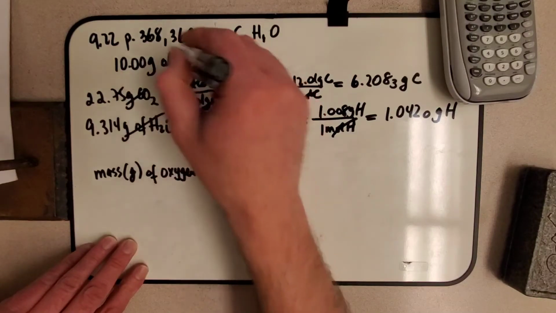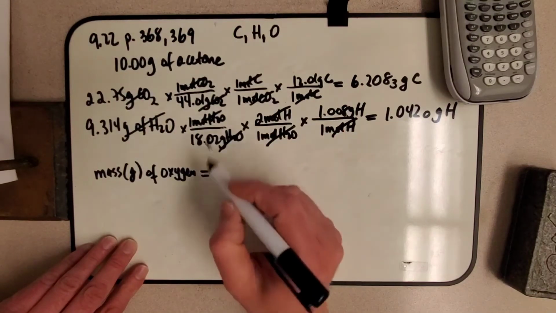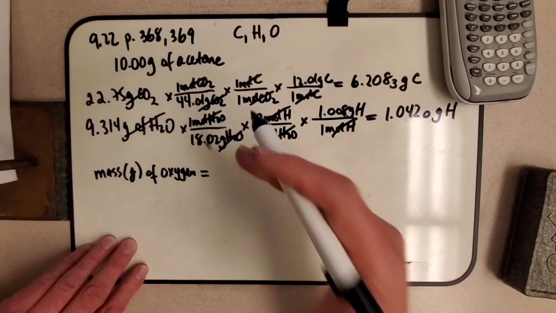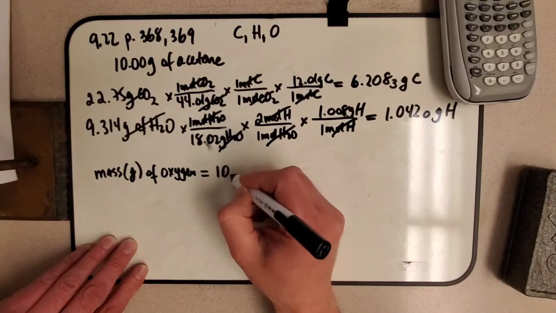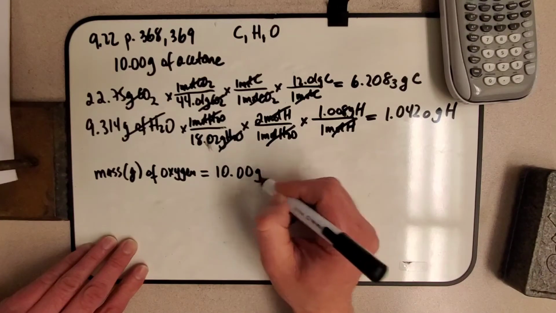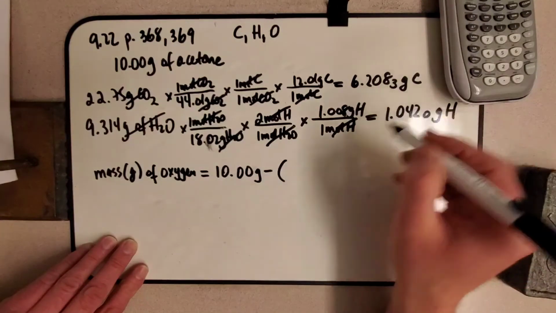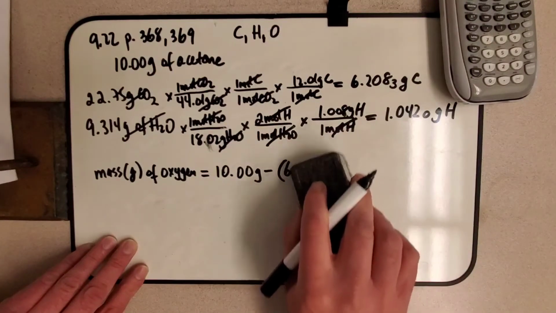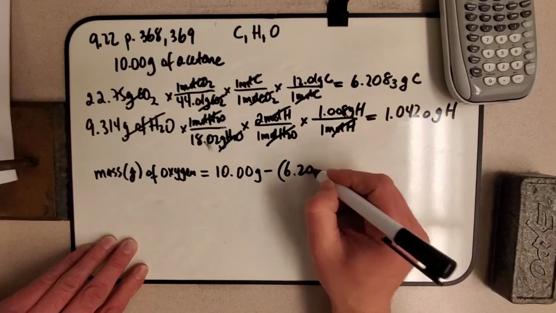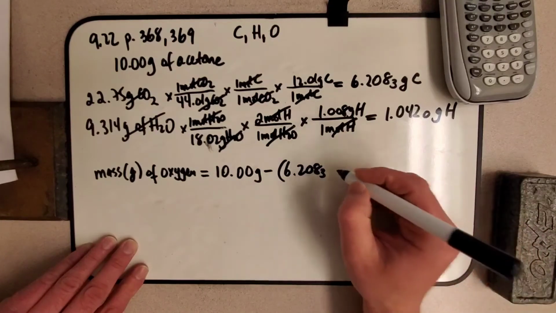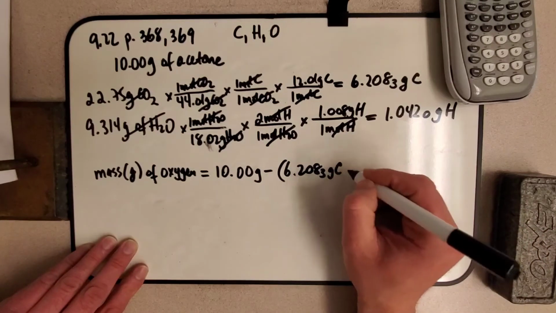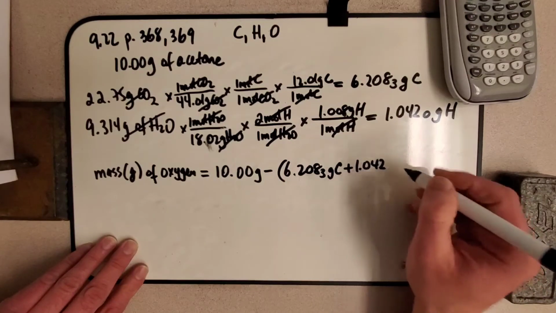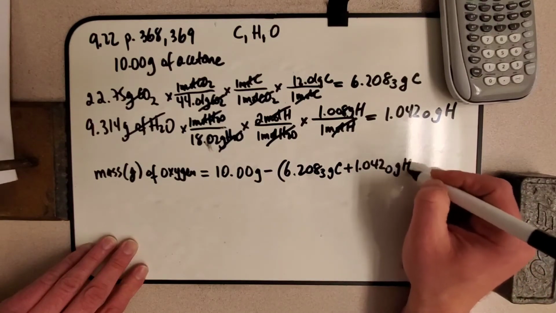Again, since the 10 grams represented the total mass of this compound that contains carbon, hydrogen, and oxygen, I'm going to say 10.00 grams total minus the sum of 6.208(3) grams of carbon plus 1.042(0) grams of hydrogen.